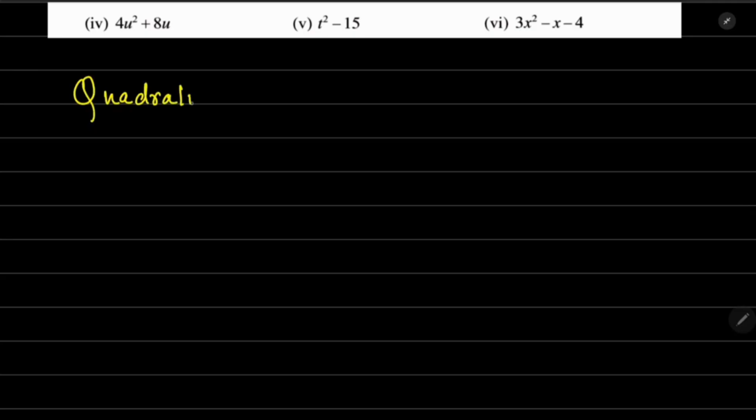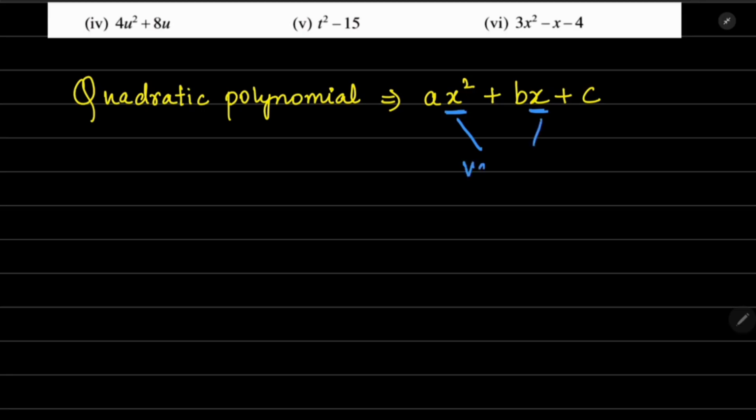A quadratic polynomial is something which is written in the form of ax square plus bx plus c, where this x is called the variable.